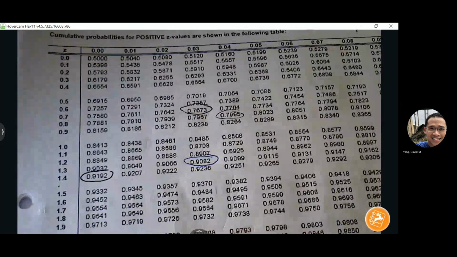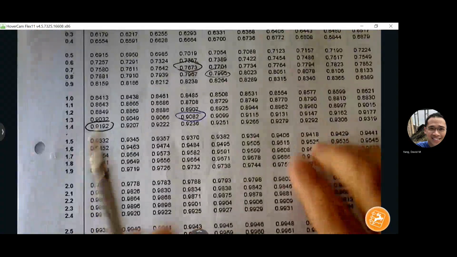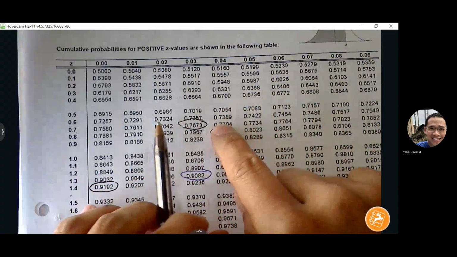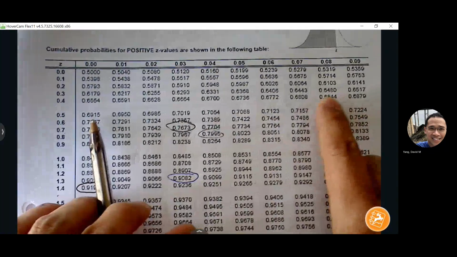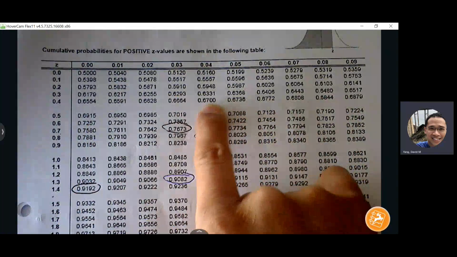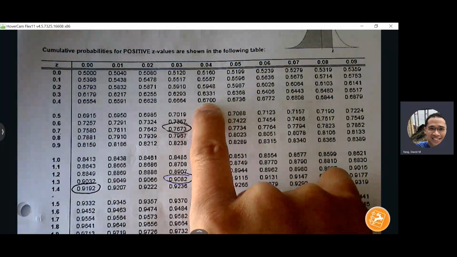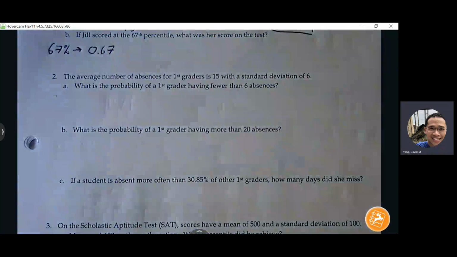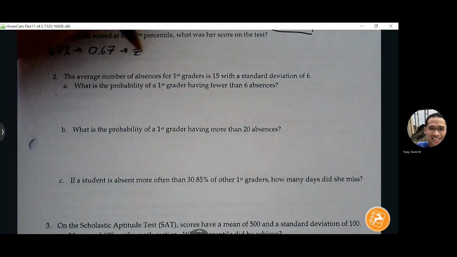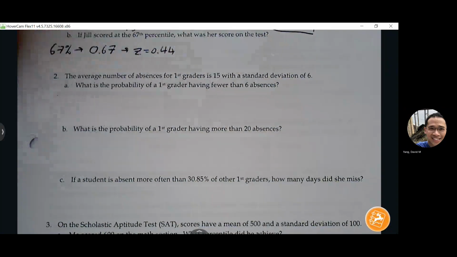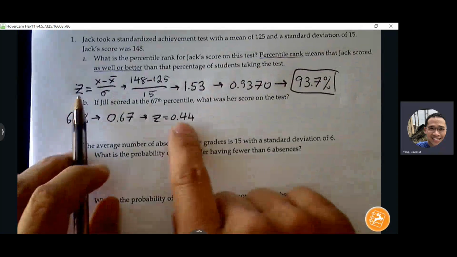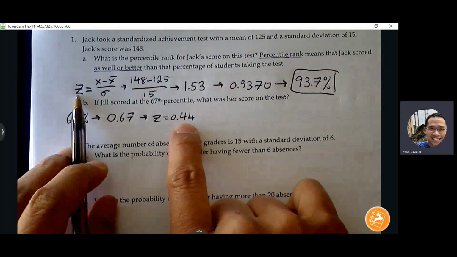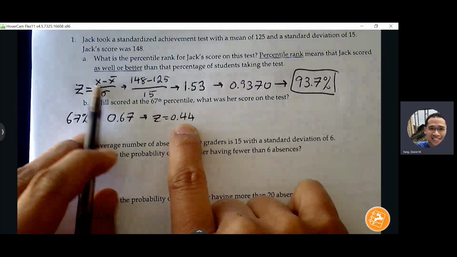0.67. Looks like I found one that lands exactly there. So 0.44, the z-score is 0.44. We go to our formula. We're just inserting for a different variable here. We have the z-score, we have x bar, we have sigma. We're just solving for x.